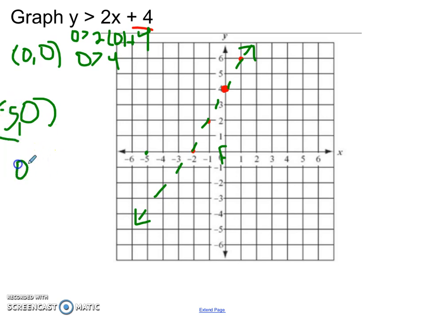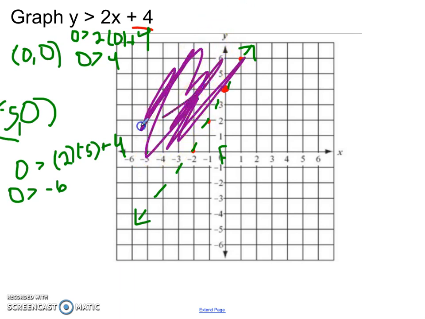I'm going to have 0 is greater than 2 times -5 plus 4. 2 times -5 is -10. -10 plus 4 is -6. 0 is greater than -6. Since that's true, this whole upper half is going to be shaded. So I'm going to shade this whole upper side of the graph.